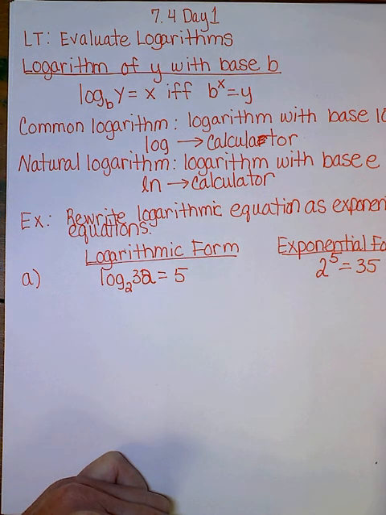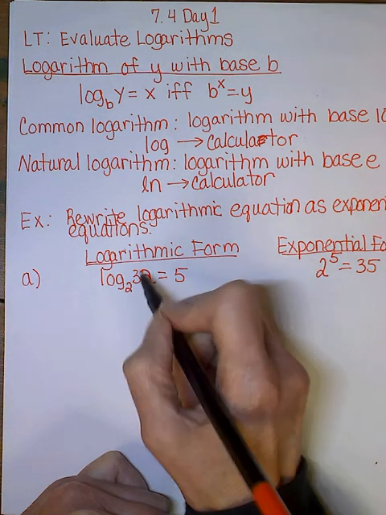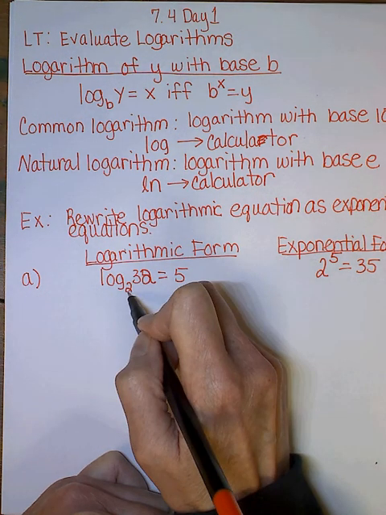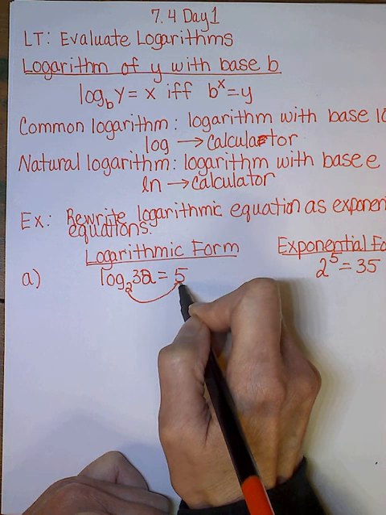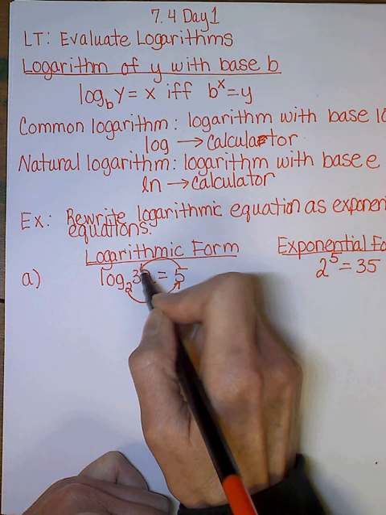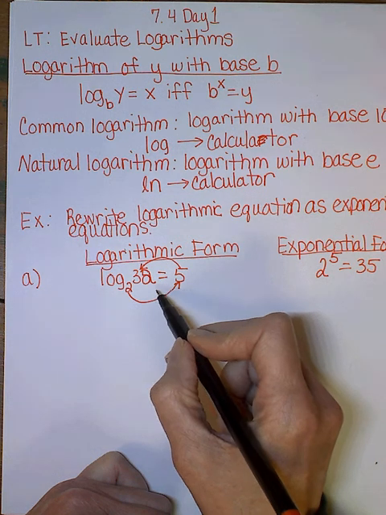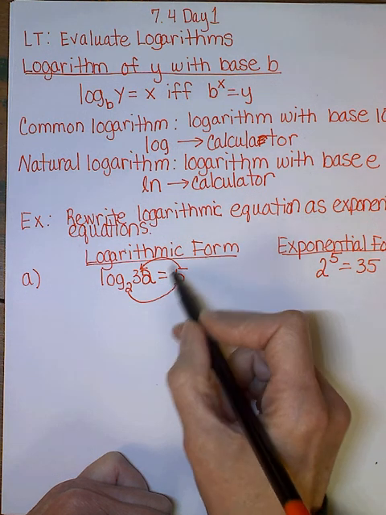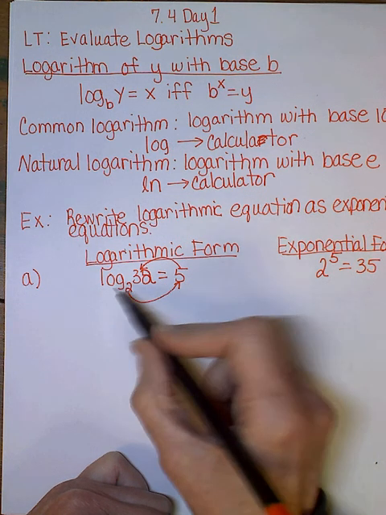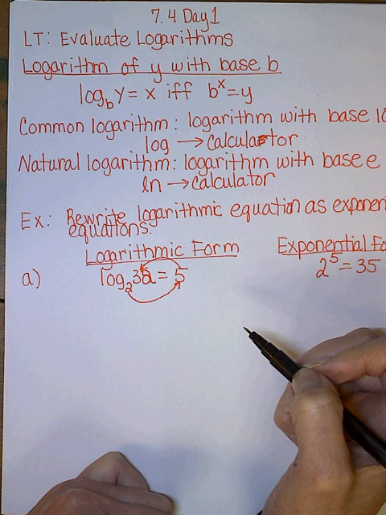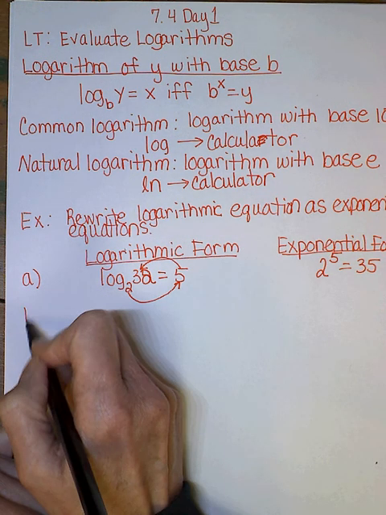Now, a lot of teachers that teach this have students do the arrows. So this is the base, this is the exponent, and this is what it equals. Okay? So that's really what a logarithm is. It's the exponent that makes this a true statement. So let's try another one.